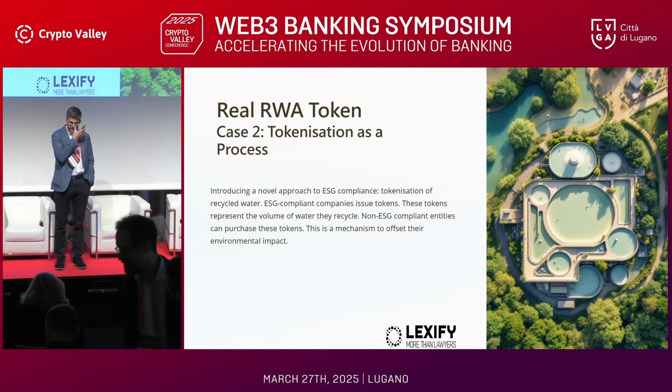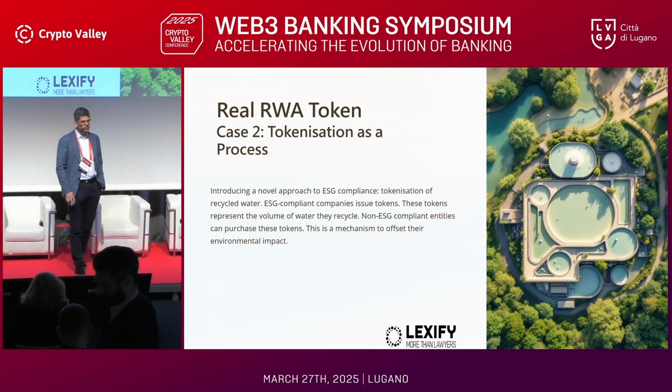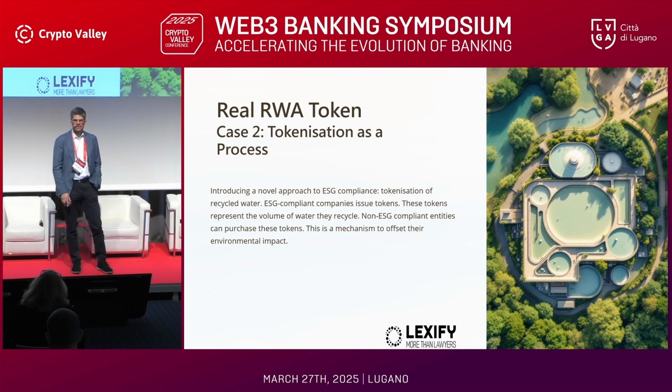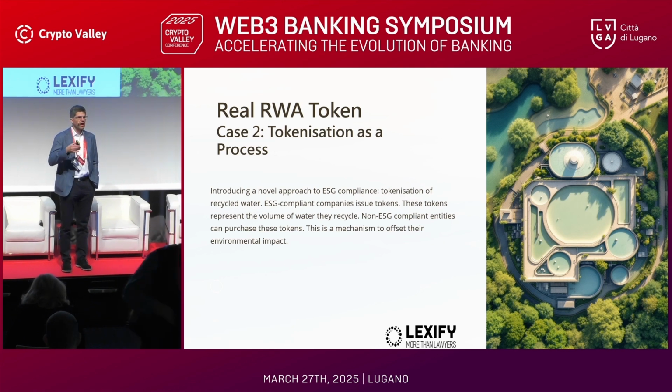Then a very interesting example is that you can use tokens also to tokenize a process. In this case, we tokenize recycled water. But in reality, we tokenize a process in which we are able to count how many liters or how many cubic meters of recycled water a company, an industry, could produce.